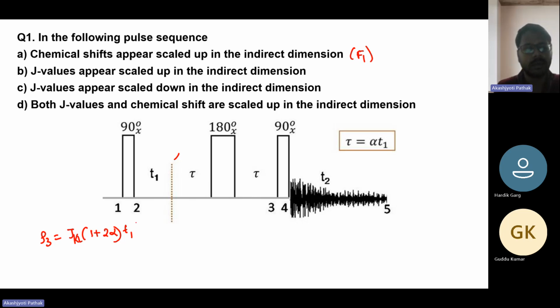So this causes the peaks that we see to separate. They will get separated by this 1 plus 2 alpha distance. So that is why the correct answer for this question will be that the J values appear scaled up in the indirect dimension, right?